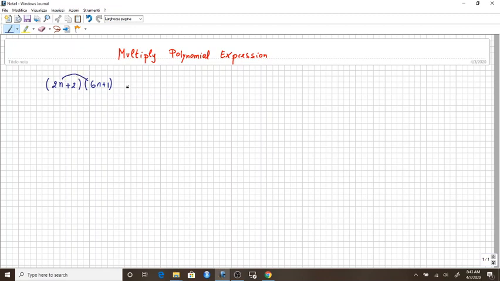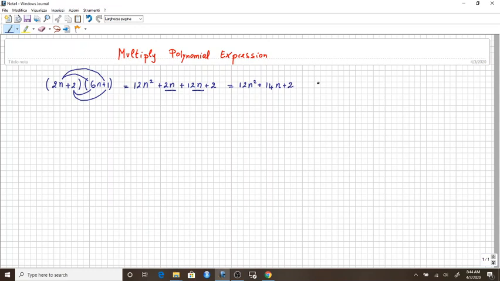So 2n times 6n, which is 12n squared, because n times n is n squared. 2n multiplied by 1 gives us 2n, and then we have 2 times 6n, which is 12n, and then the last term is 2 times 1, which is equal to 2. At this point you can just combine like terms, and the only like terms are 2n and 12n, so we end up with 12n squared plus 14n plus 2.